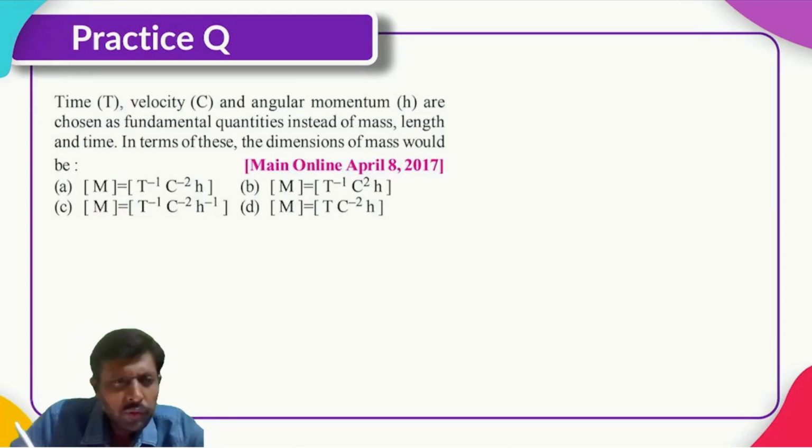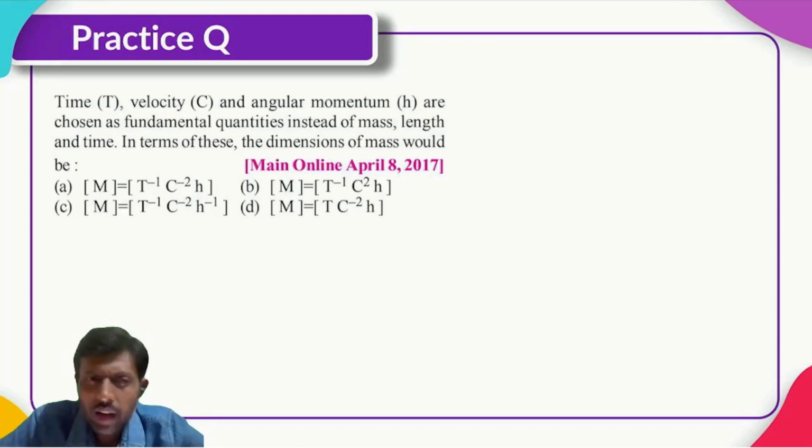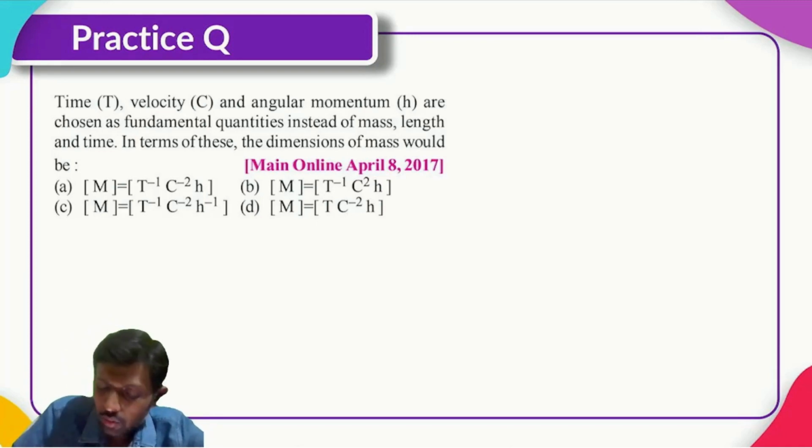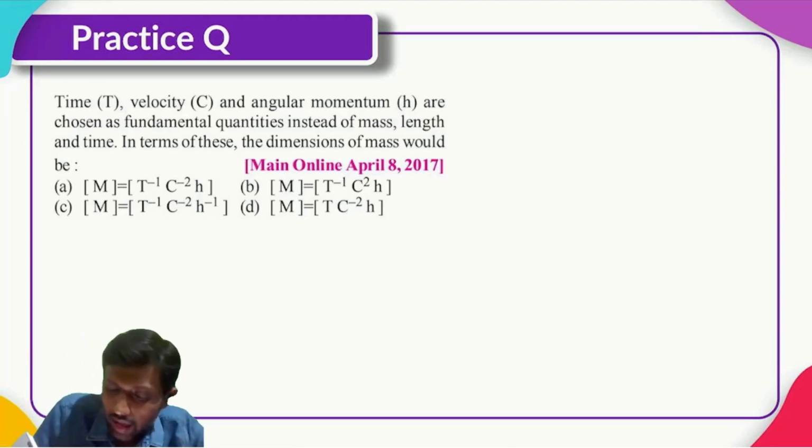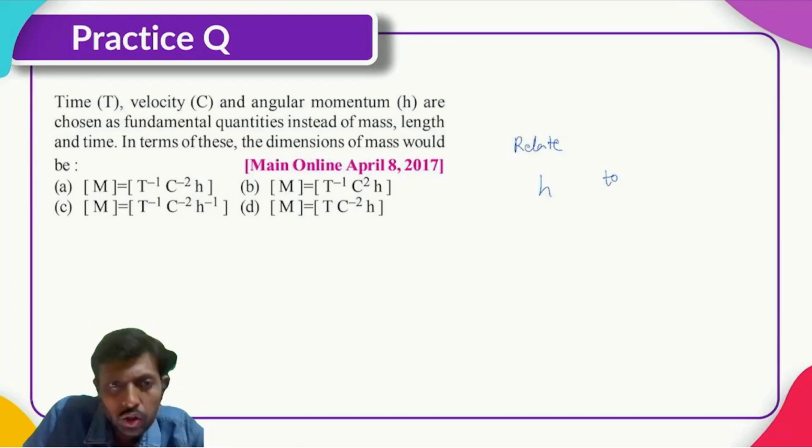Mass and velocity, are they related? I don't see a direct relation because the unit of velocity is meter per second. There is no mass there. So we can't directly relate velocity and mass. We can't directly relate mass and time also. So let's try to relate angular momentum to mass.